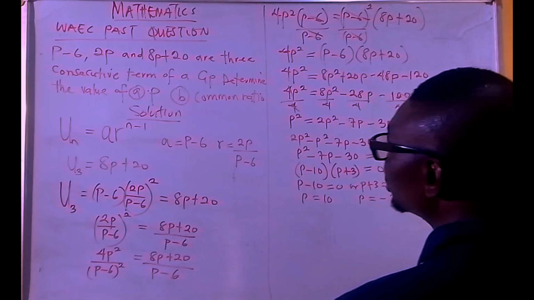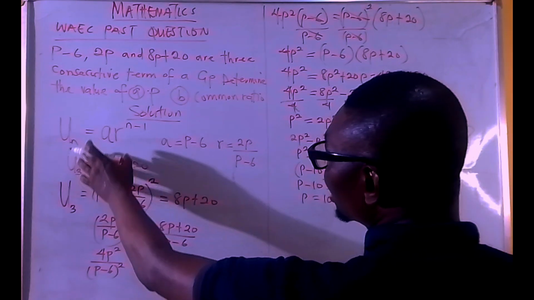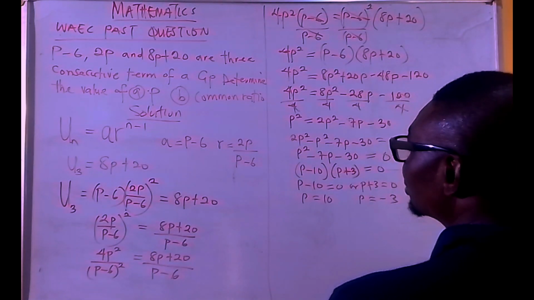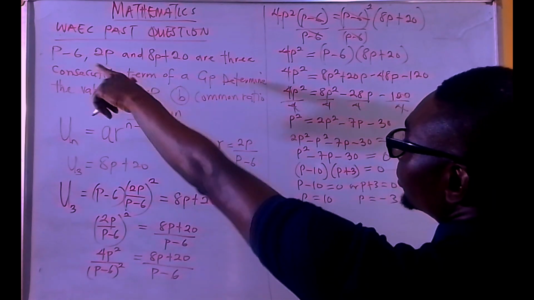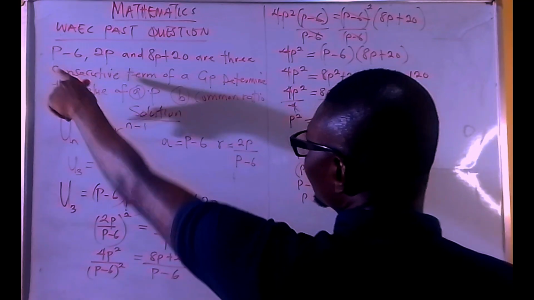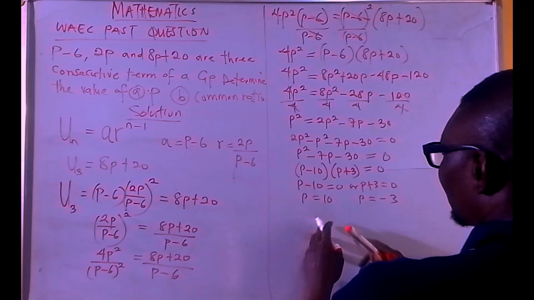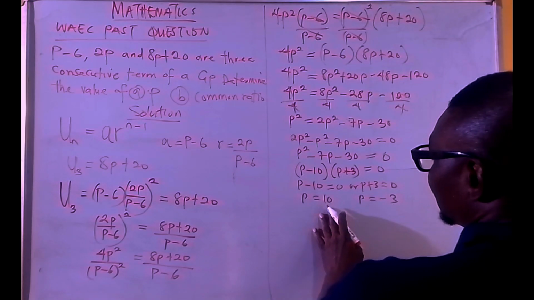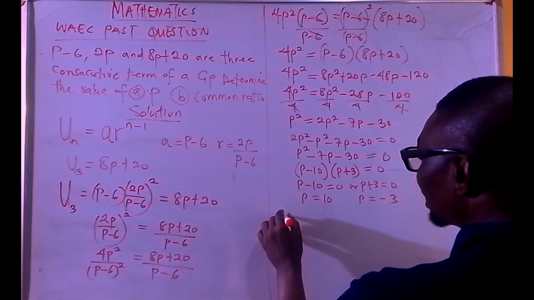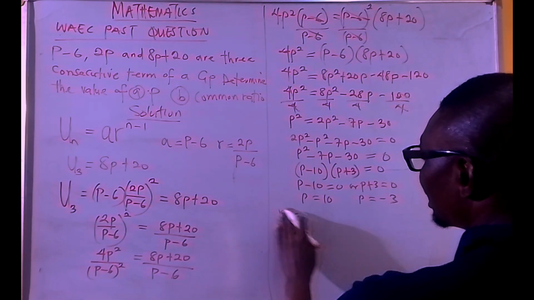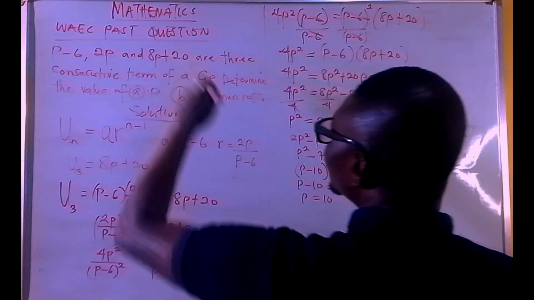Now the question says we should find the common ratio. To find the common ratio, we are going to consider this. We don't need this again. So we can actually get our common ratio from here. If P is equal to 10, that is P being positive, let's substitute 10 as P in each of these terms.